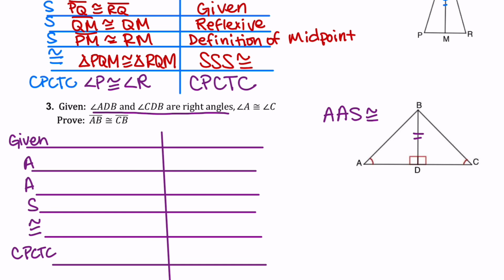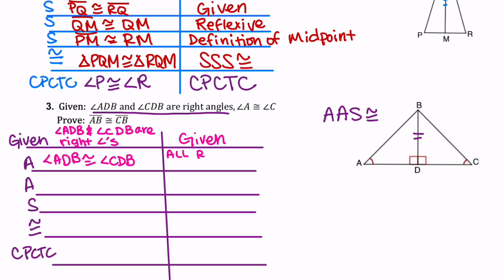So the first piece of given information is angle ADB and angle CDB are right angles. And then I'm going to use that information to say that angle ADB has to be congruent to angle CDB. And my reason is all right angles are congruent.